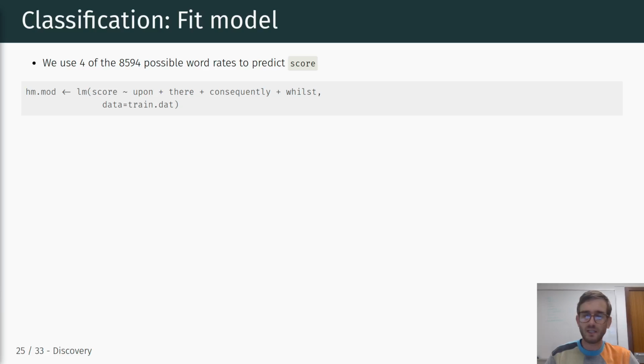Okay, so our model has a dependent variable, which is score, and then we use 4 different terms: upon, there, consequently, and whilst.